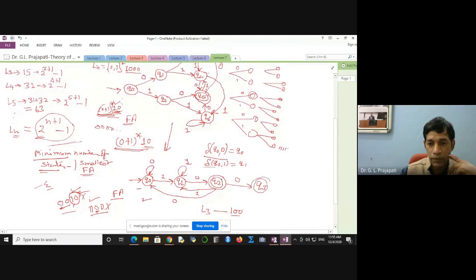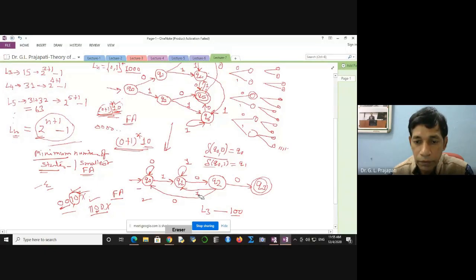And now this will become the final state. Q2 is no longer a final state. And then you also need to change the transitions.